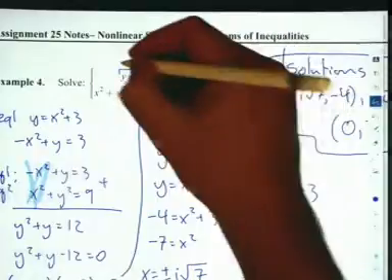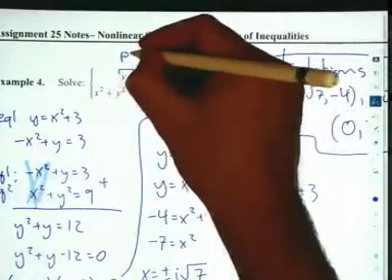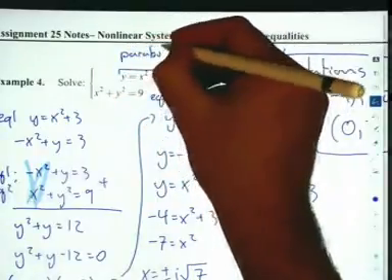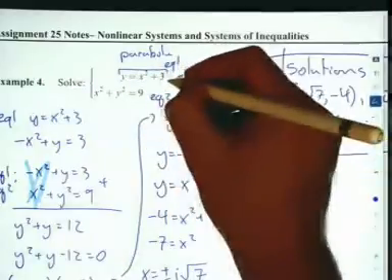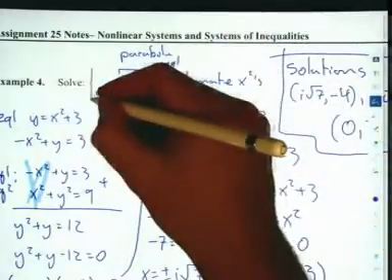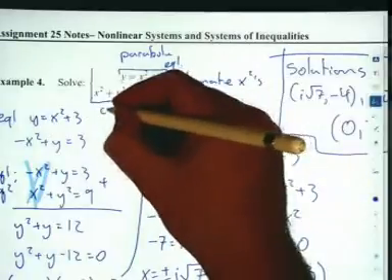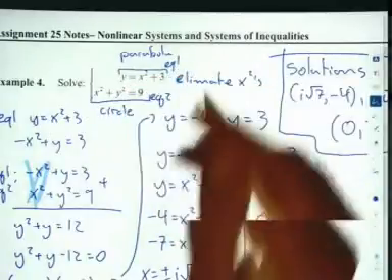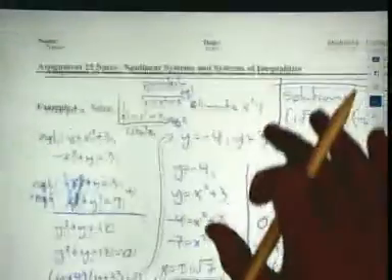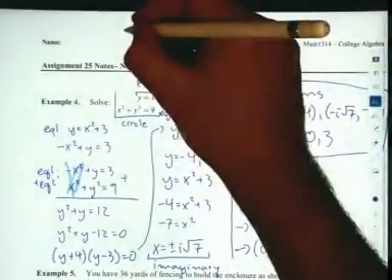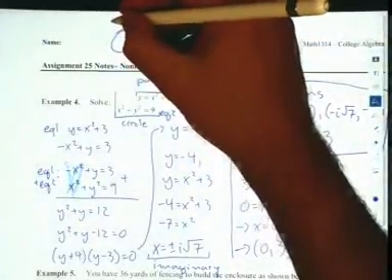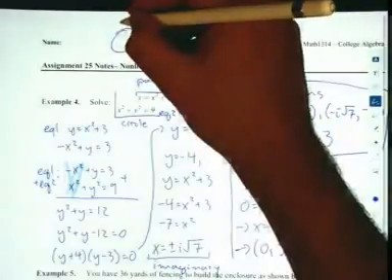Number one, this is a parabola. Y equals x squared plus 3, we have a parabola. And this is a circle. Now, when I think about this, if I just draw a circle, I can draw a parabola through this.